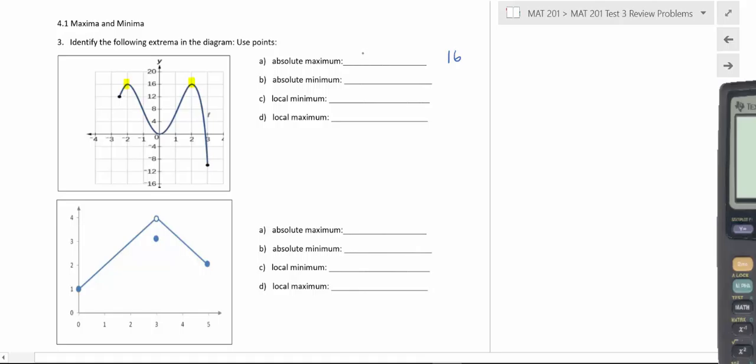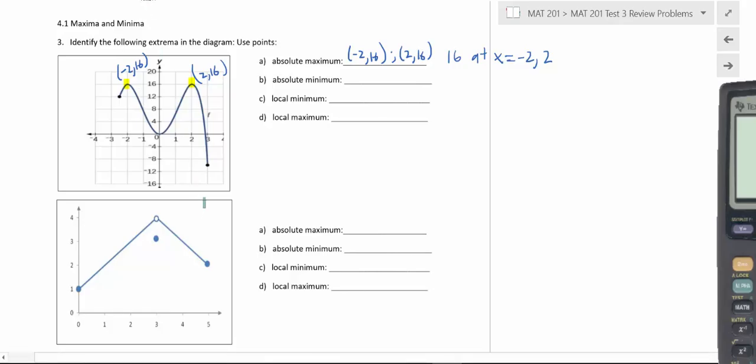And those occur at these 2 points. We'd have a point negative 2, 16, and this would occur at a point 2, 16. Okay, so I'm just going to write those as points, like that. Sometimes we say 16 at x equals negative 2 and x equals 2. You can write it that way too.